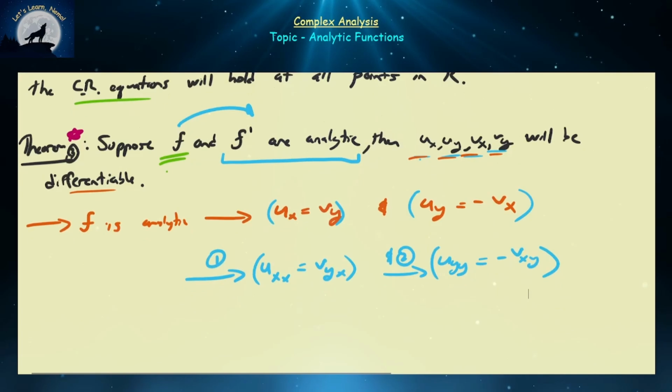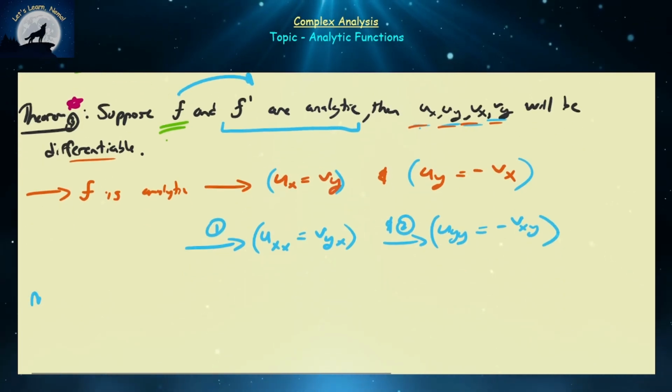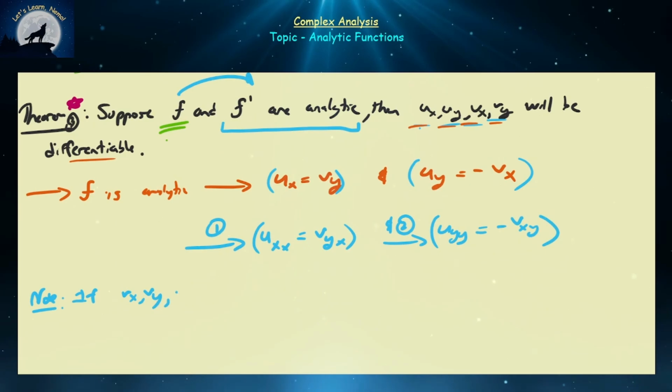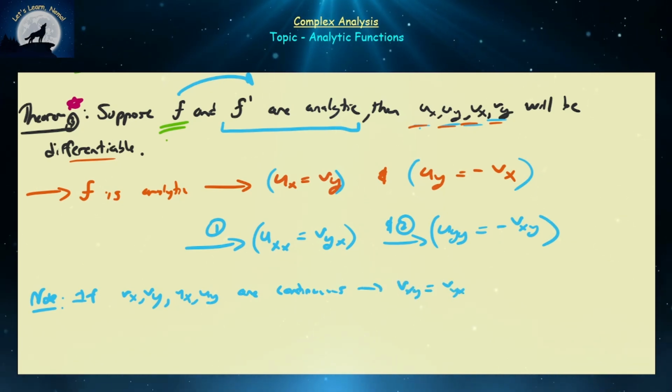Right? Now, if v_x, v_y, u_x, u_y are continuous, then v_xy equals v_yx, and u_xy will be equal to u_yx.